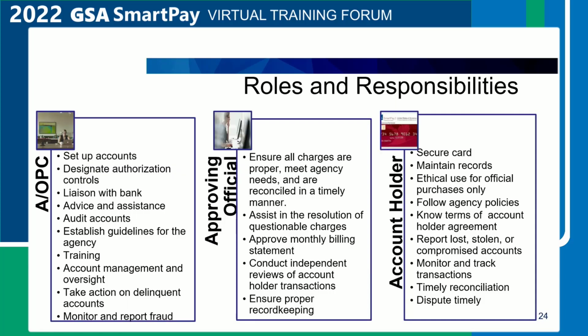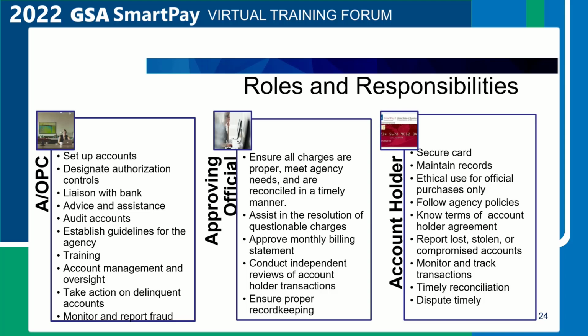Roles and responsibilities. We have different players in the program. We have the AOPC, the approving officials, and the cardholders, and everyone has a different role and responsibility. AOPC, Agency Organization Program Coordinator, plays a key role in the management and success of the purchase card program at the agency level.